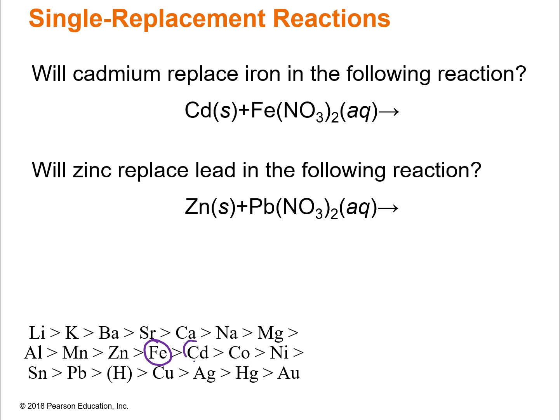There's iron. There's cadmium. Iron is the one that's already in solution. So cadmium, in order for it to replace iron, would have to be somewhere upstream of iron. It's not. So there's no reaction. Does everybody understand that one?